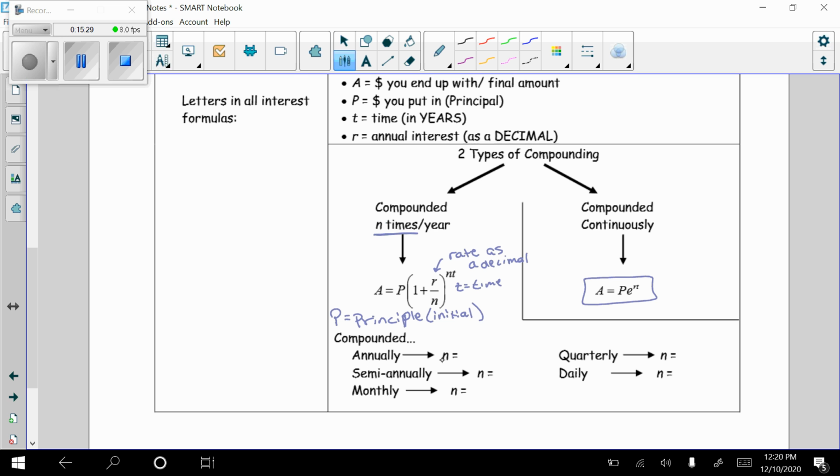Okay, if it's annually, then the number of times per year is 1, obviously. Semi-annually, n is 2. Monthly, it's 12. Quarterly, it's 4. Daily, n would be 365. Okay, so just using those things to set up a problem and then solve it. Again, most of it's calculator work, but knowing what to plug in and where is important.